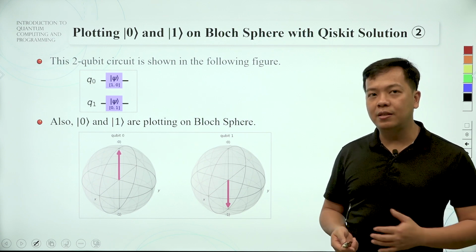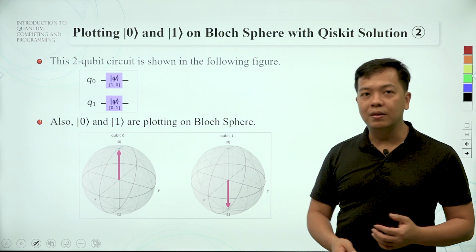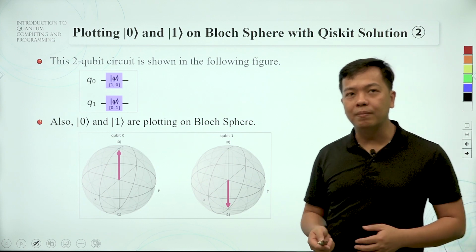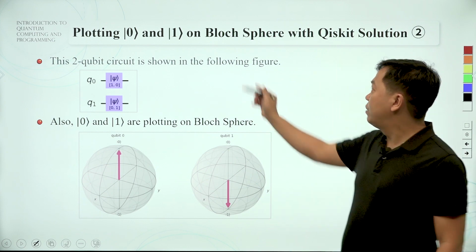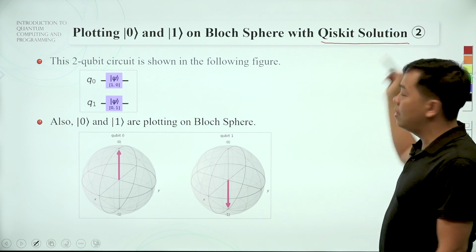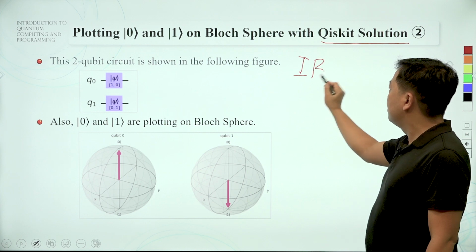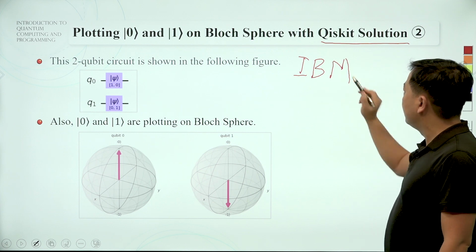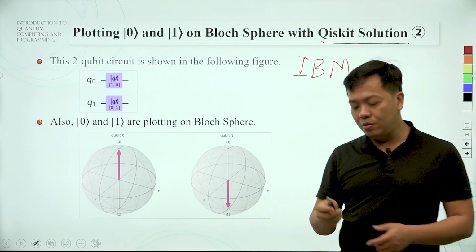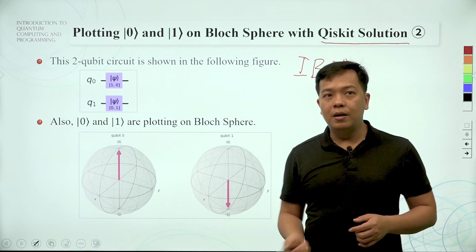This actually recalls the last lesson: how we draw in a simulation program. Over here we draw in Qiskit from IBM. This is one of the solutions.